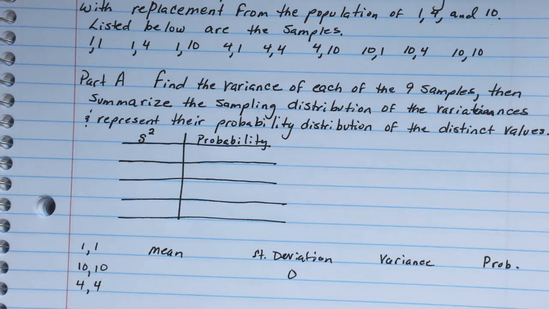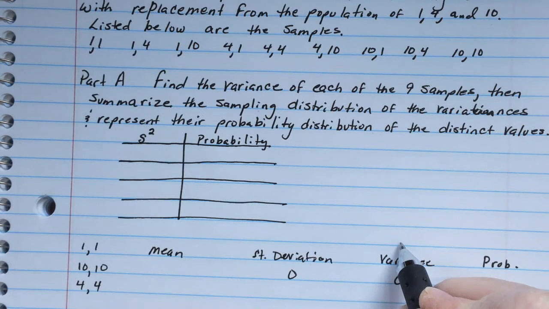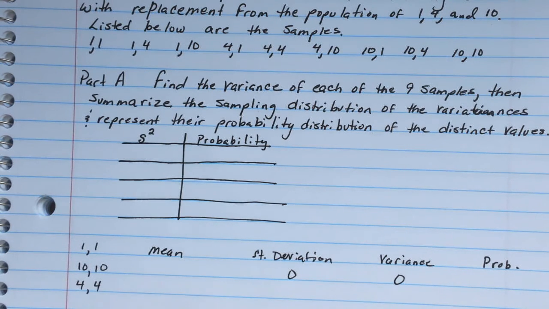And if the standard deviation is 0, the variance is 0, because variance is simply the square of the standard deviation. Now, look at your samples. You have 1, 1, 10, 10, and 4, 4. All of those are going to produce means that are exactly the same. They don't deviate from their mean. That is 3 samples out of 9.